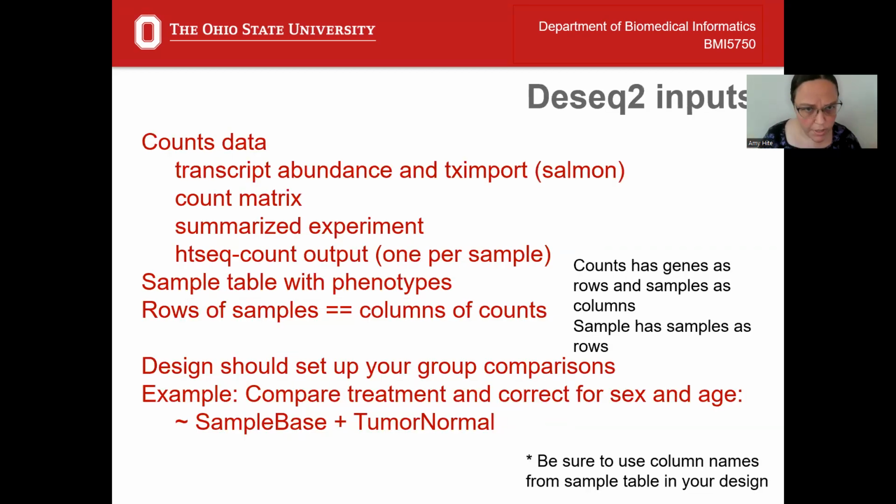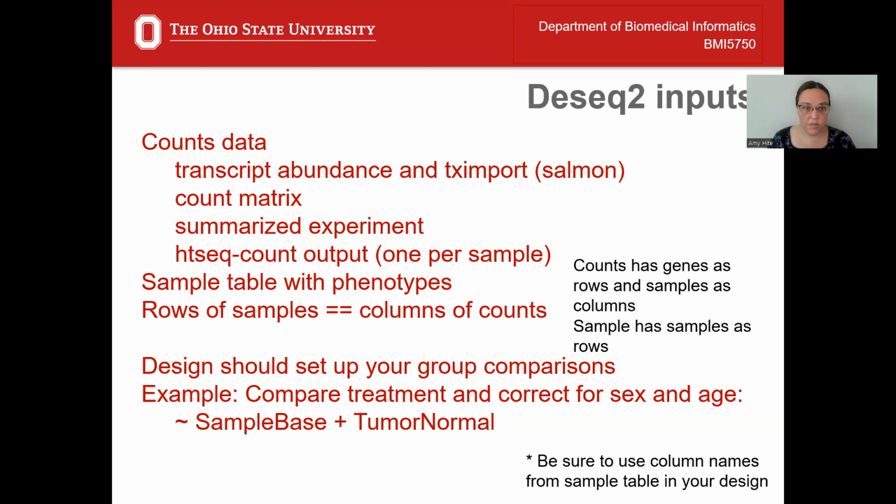And so when you're putting this data into DESeq2, it requires that the number of rows of samples equals the number of columns in your counts table. Because the counts table is set up with rows as genes and columns as samples, where the sample table is set up with rows as samples.